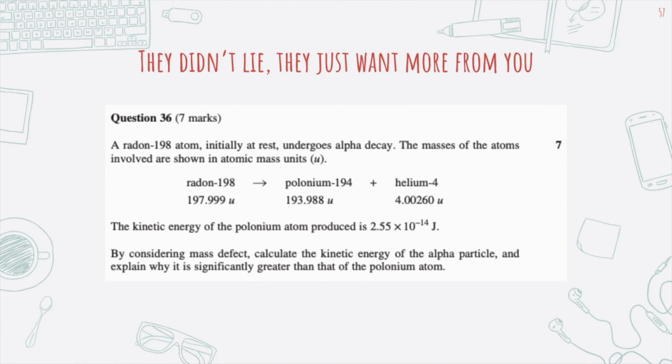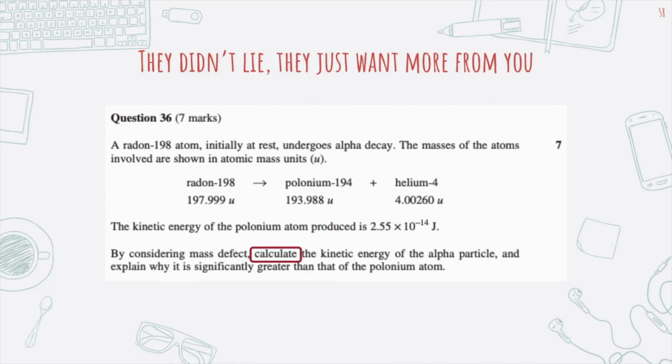Let's have a look at this question now, a 7-mark question from this year's HSC. And we can see here that the key verb that is being used is explain. We are explaining why the kinetic energy of the alpha particle is significantly greater than that of the polonium atom. But there is also another clue in there.